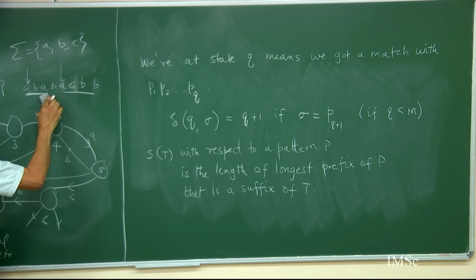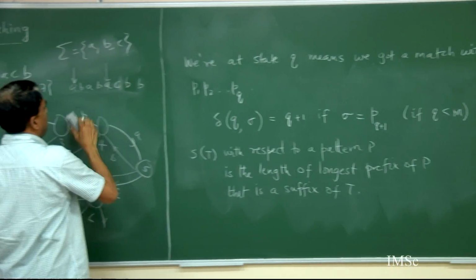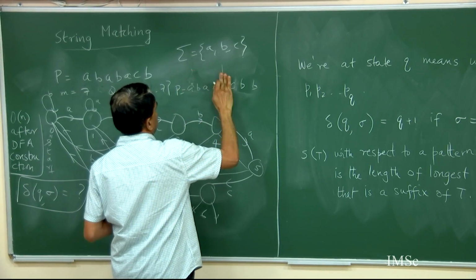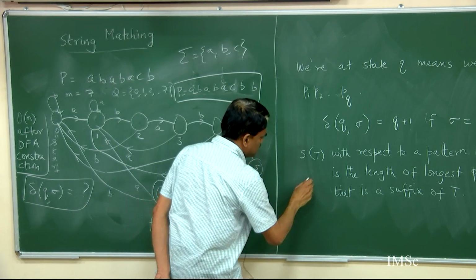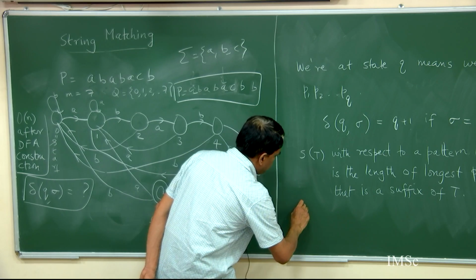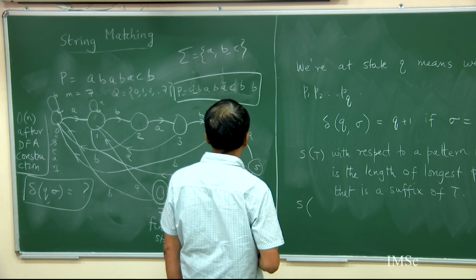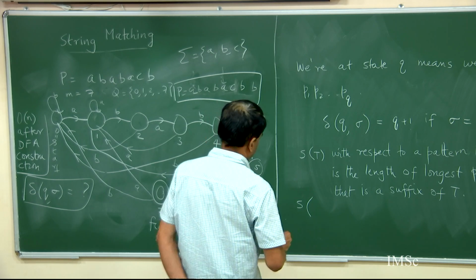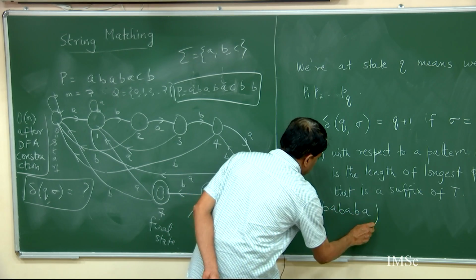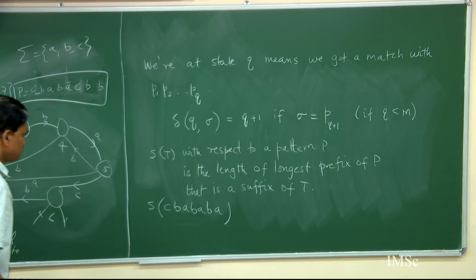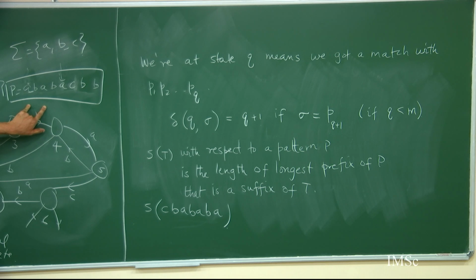Okay. So what I am saying is, suppose let us fix a pattern P. Let us say this is the pattern. Right? This is our P. Now I give you a text. So this is a suffix function, S of this text. What is S of this with respect to this pattern? Okay. So let us read the definition.